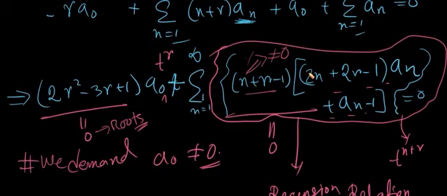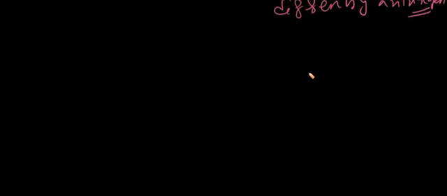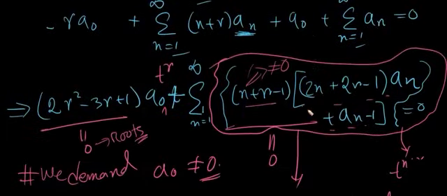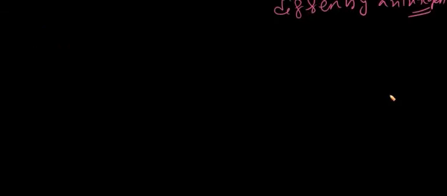So now if you equate this guy to be 0 and you demand that n plus r minus 1 is not equals to 0, you will get a recursion relation. Obviously I'm not writing the whole thing.